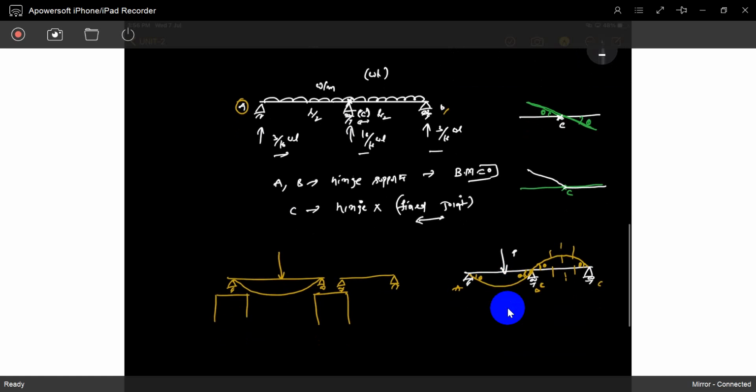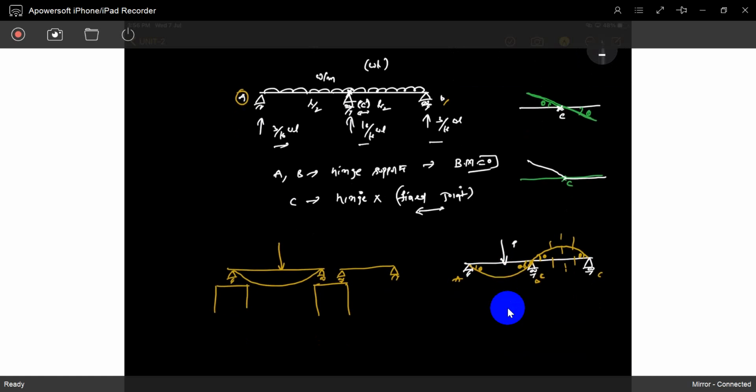Write down at C, the bending moment from B to this location: 3/16 WL into L/2, and minus, this is a centroid, this is the gravitational load. So WL/2 is the total load, and it acts at the center, L/4.